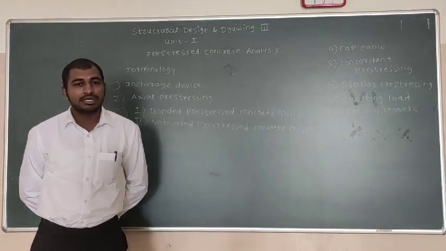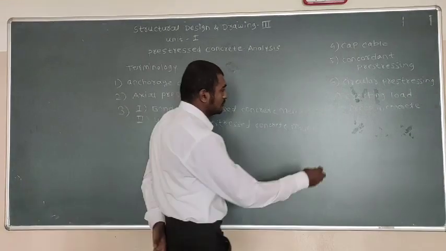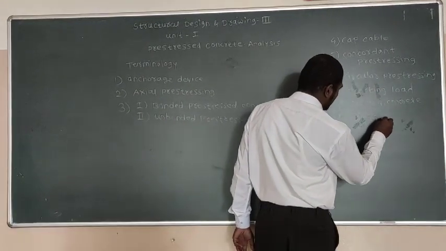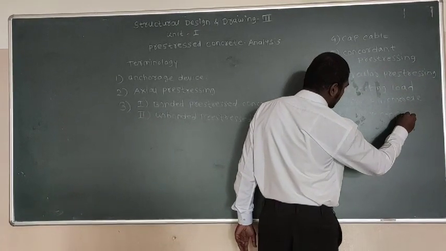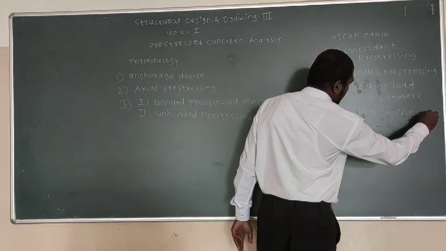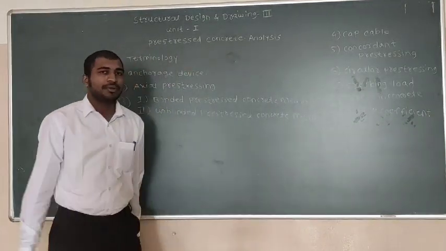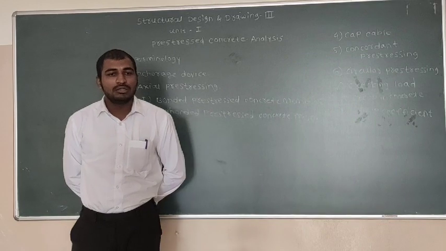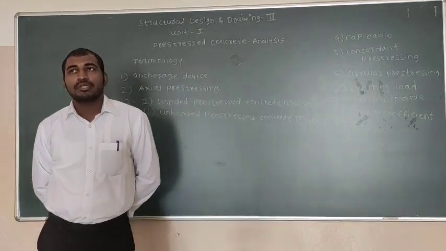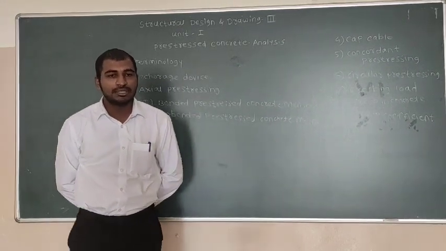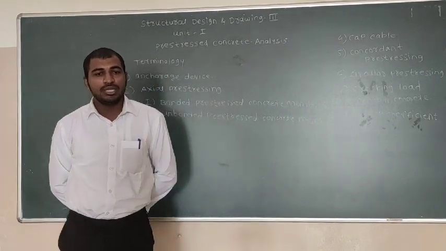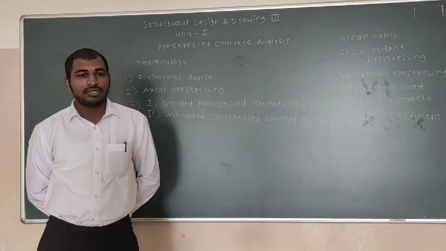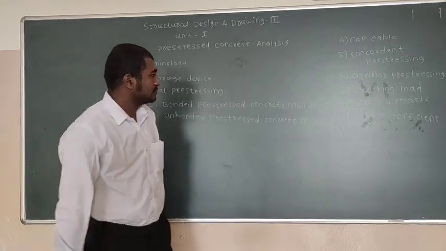Then the ninth one is the creep coefficient. Creep coefficient is the ratio of the total creep strain to the elastic strain in concrete. Then the tenth terminology is the degree of prestressing.